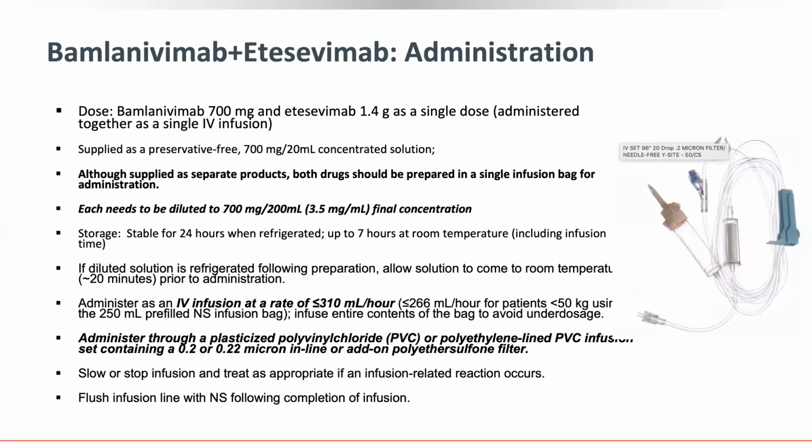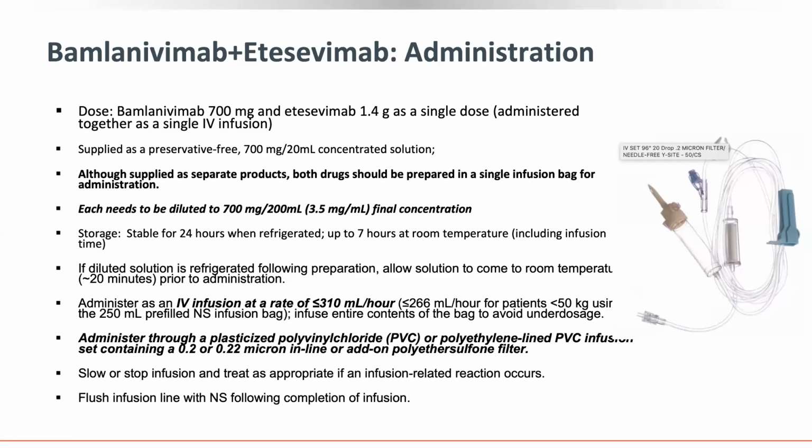We have to dilute these to a final volume of 200 mils. It can be stable for 24 hours when refrigerated, and up to 7 hours at room temperature. We have the 3 of them.